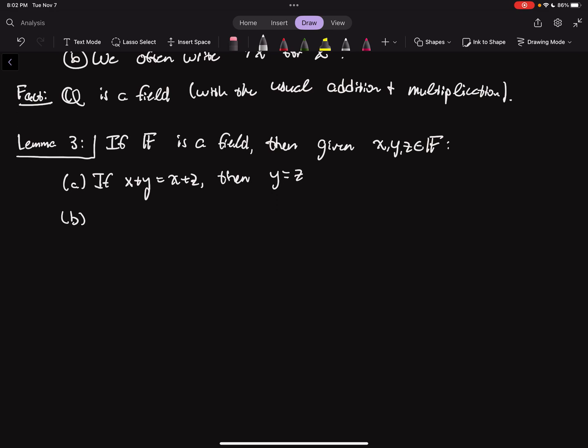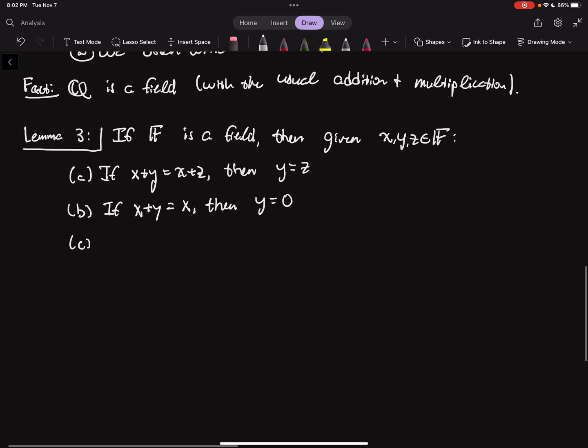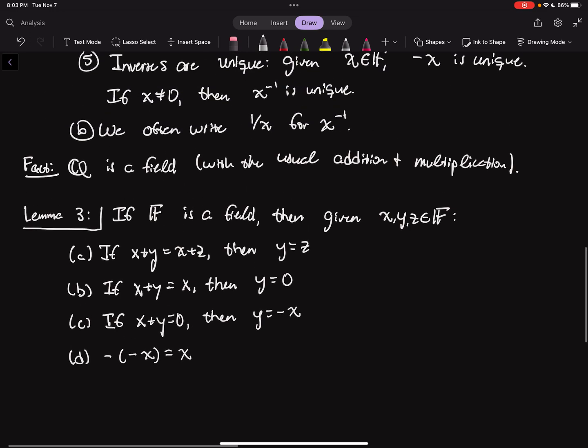The second one, if x plus y equals x, then y equals 0. If x plus y equals 0, then y equals minus x. And negative negative x is just x itself.